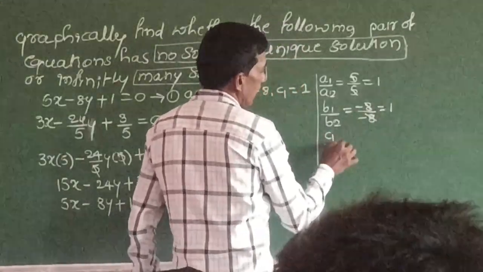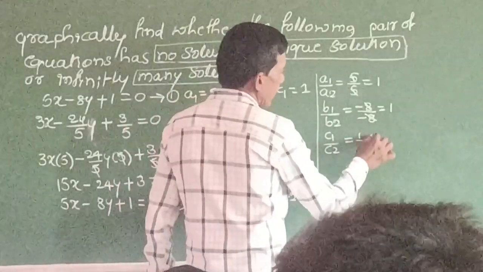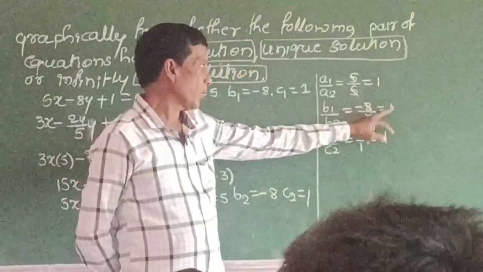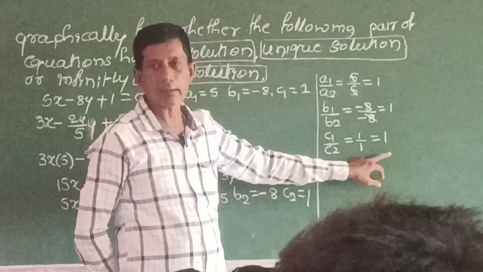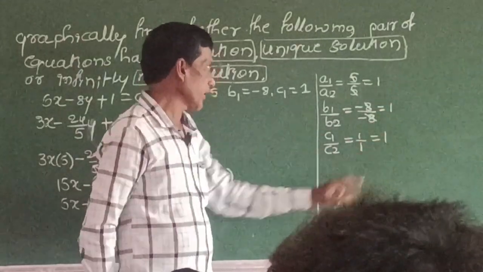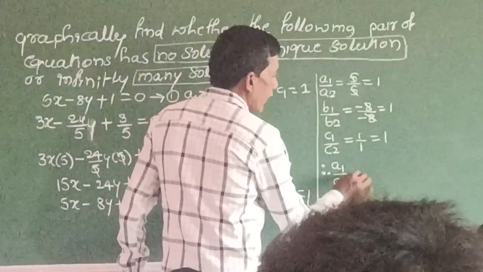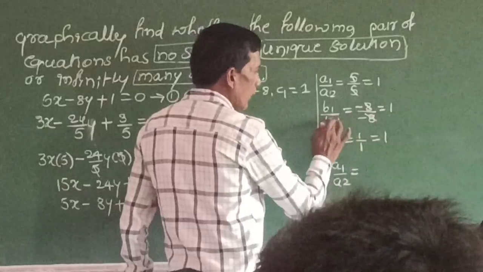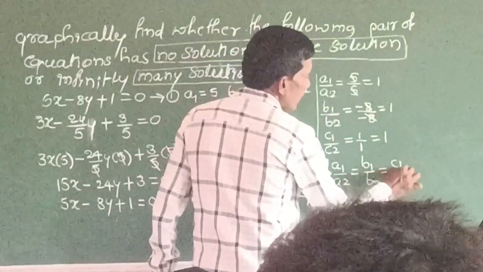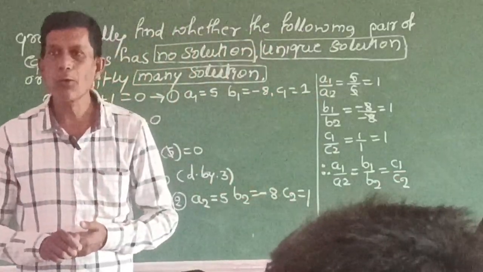Next, c1 upon c2: 1 by 1 equals 1. So the answers are 1, 1, 1, all equal. Therefore a1 upon a2 equals b1 upon b2 equals c1 upon c2. At that time the two lines are coincident.